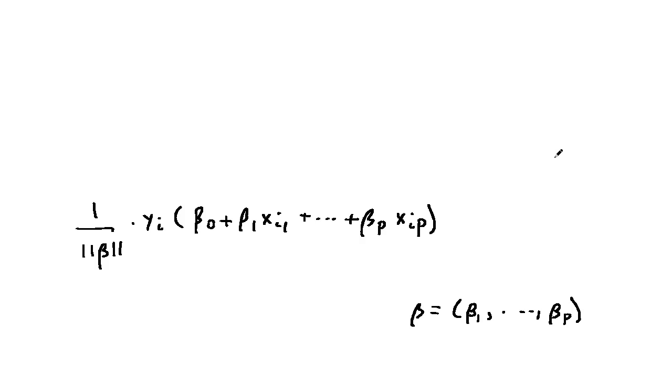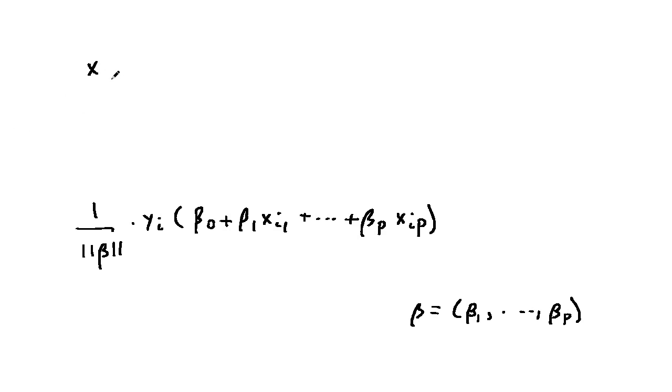Okay, it can be shown that the perpendicular distance between xi and the separating hyperplane beta 0 plus dot dot dot plus beta p xp equals 0 is given by this expression here. Okay, so let me write that.